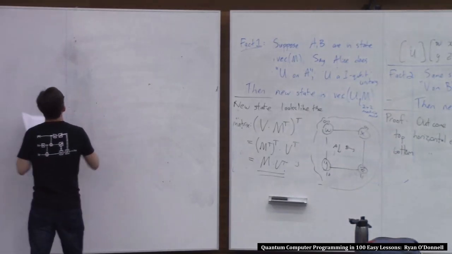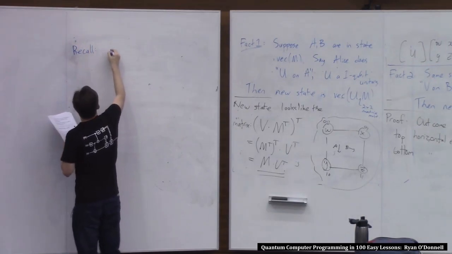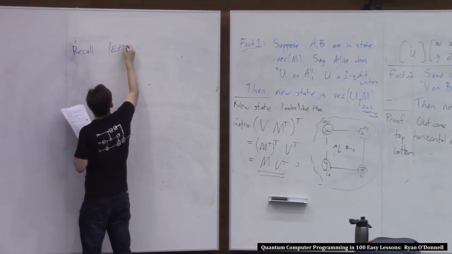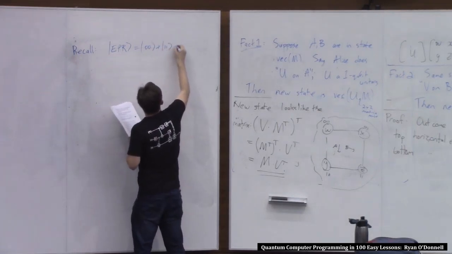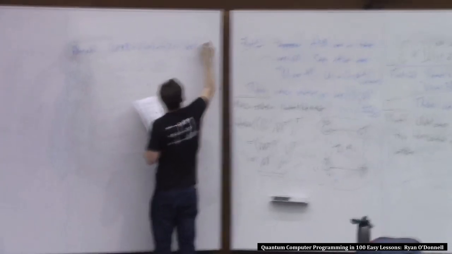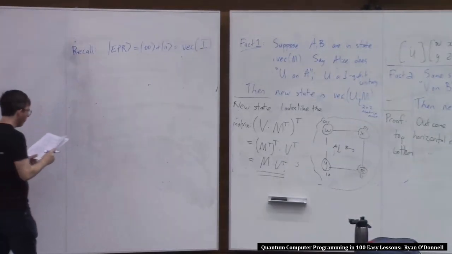Okay, so recall, I think I just erased it, but the EPR state, which is 0,0 plus 1,1, is like the vec of I, the 2x2 identity matrix.